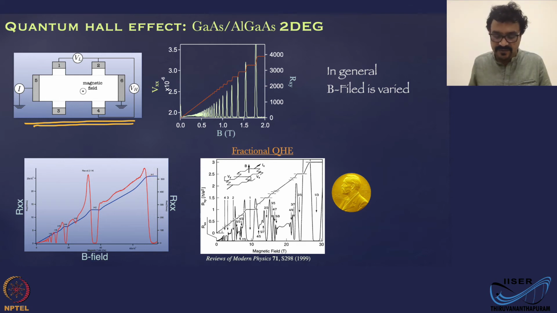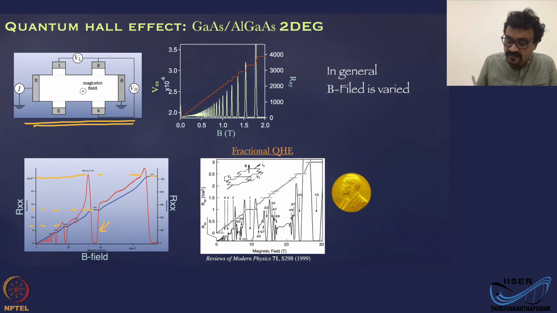This axis you have to map back to here. This is the axis that is exactly 25.8138, and the second one is here, half of it, and third one is here, and so on. Okay, and there are also oscillations, the red colored curve in the Rxx, that is a linear resistance along the direction of the field.